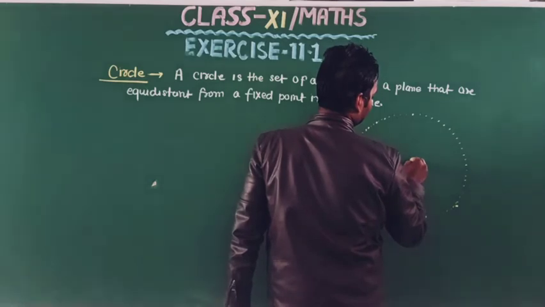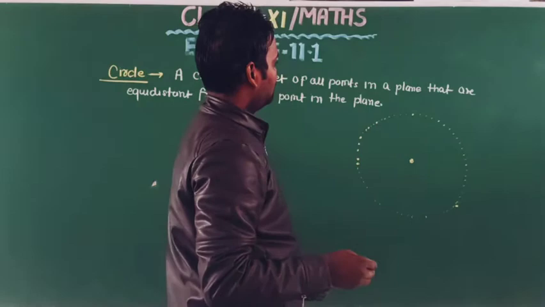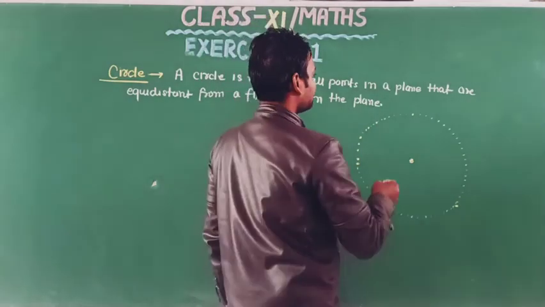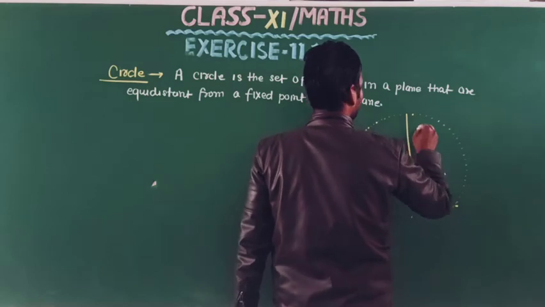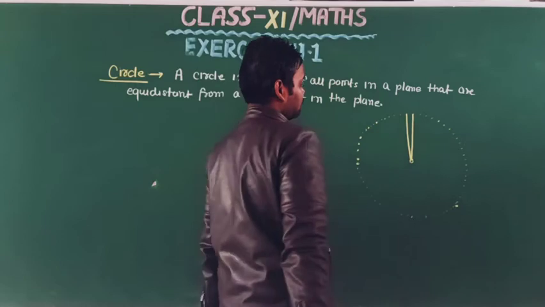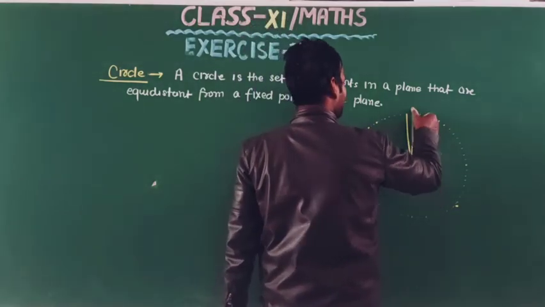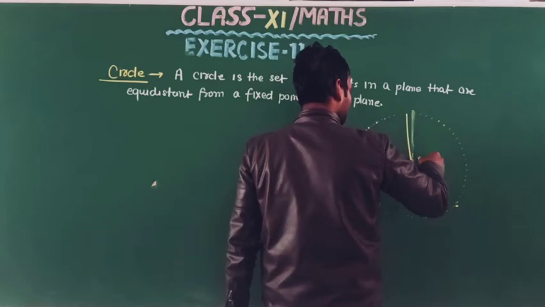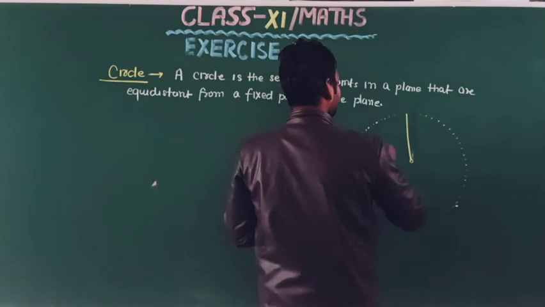So suppose this is a point. The distance is constant, meaning equidistant from a fixed point. So from all these points, the distance from the fixed point should be equal, always equal or constant.